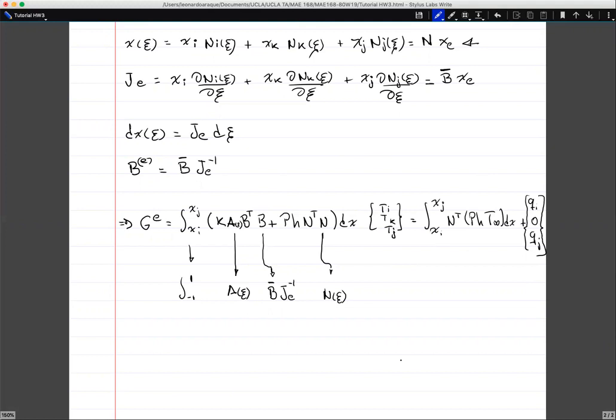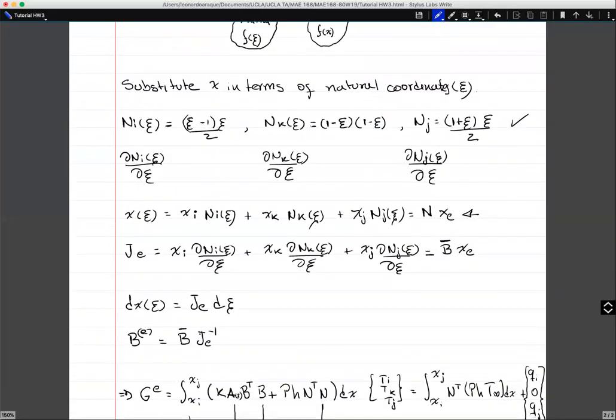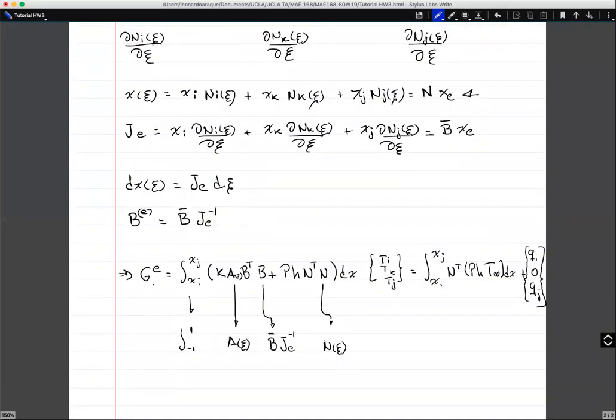So it means that now we have a formulation for the weak form in the natural domain, in natural coordinates. And all we need to do is to define this general formulation for the weak form for each of the elements, 1 and 2.